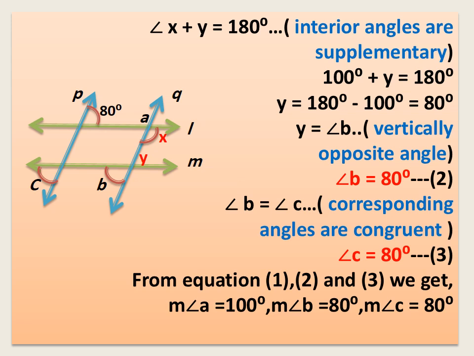Mark this as equation number 3. Therefore, from equations 1, 2 and 3 we get: measure of angle A is equal to 100 degrees, measure of angle B is equal to 80 degrees and measure of angle C is equal to 80 degrees.